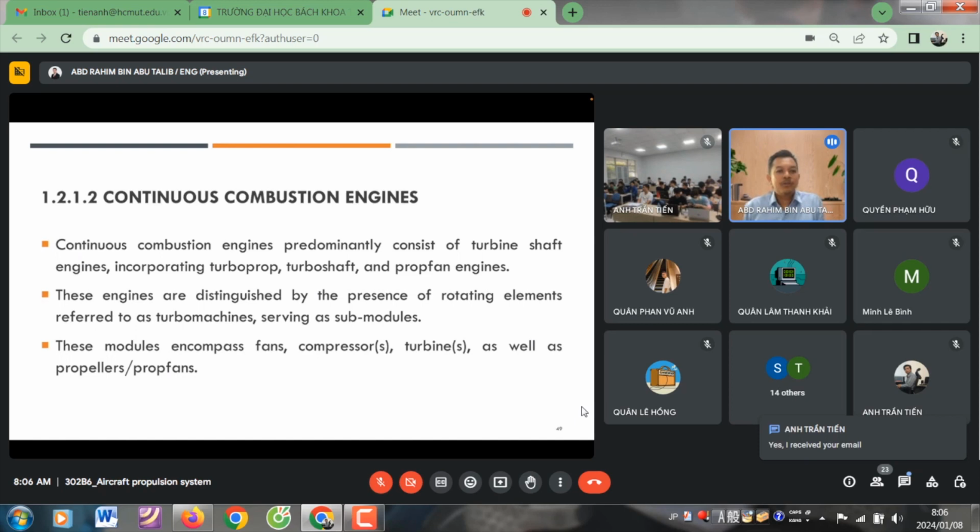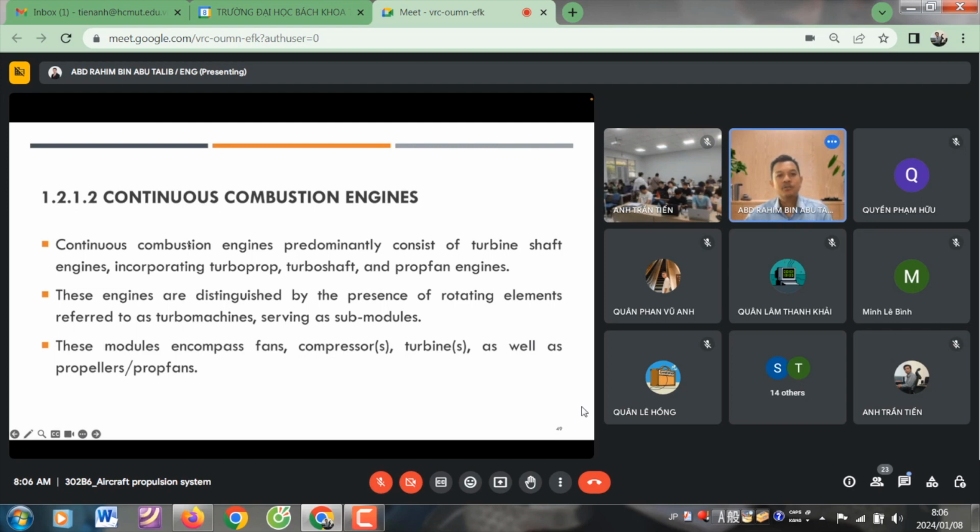So to continue, we are still in the piston type of engine. We want to look into the continuous combustion engine. We are still under 1.2.1.2, continuous combustion engine.